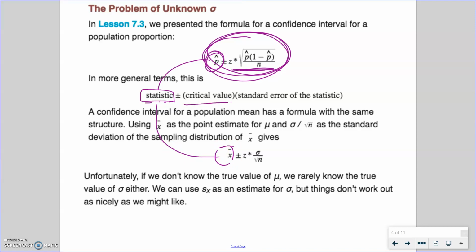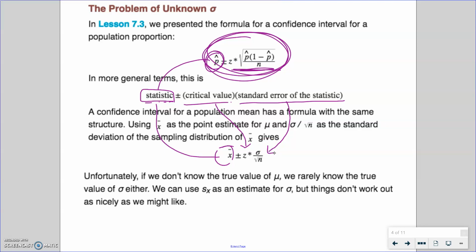Critical value, we're going to talk about that because that's going to change a little bit with mean, but you still need a critical value so you know whether you're using 90%, 95%, and so on. And then this was the standard deviation. They call it standard error, but it's kind of the same idea. In this case, we're going to use the standard deviation divided by the square root of n.